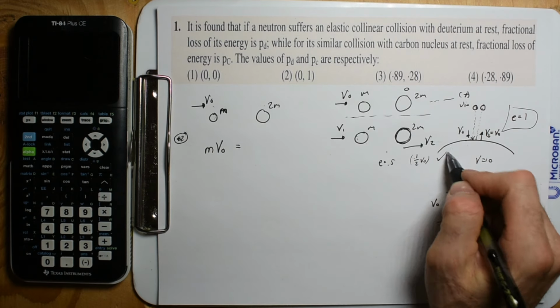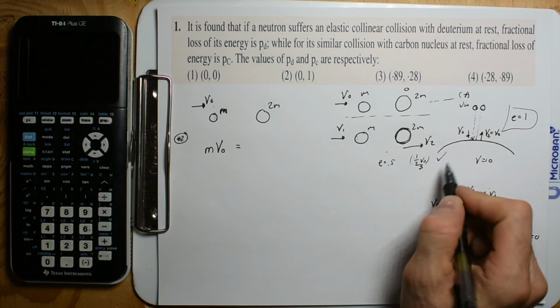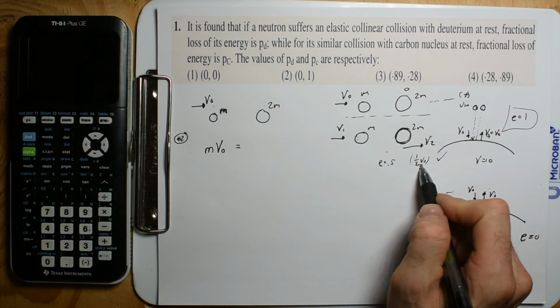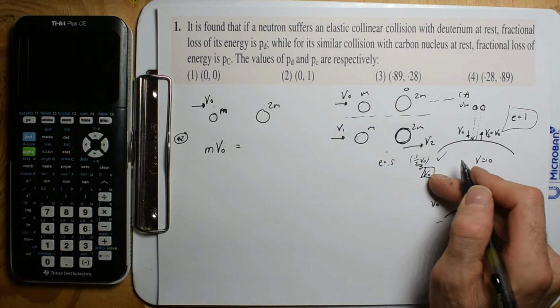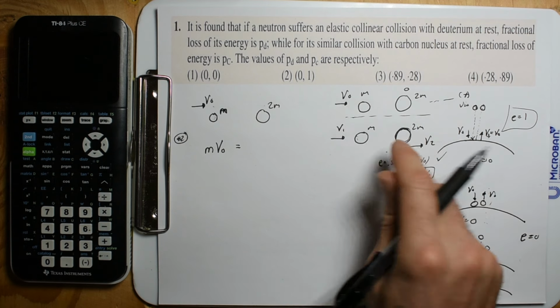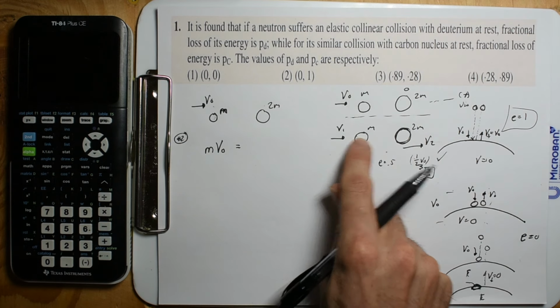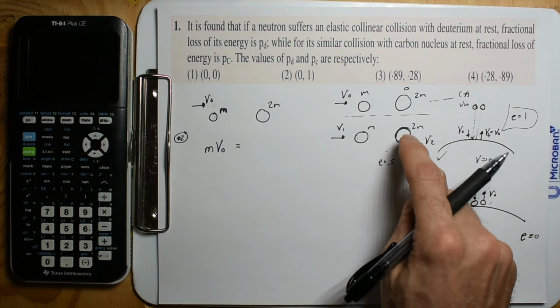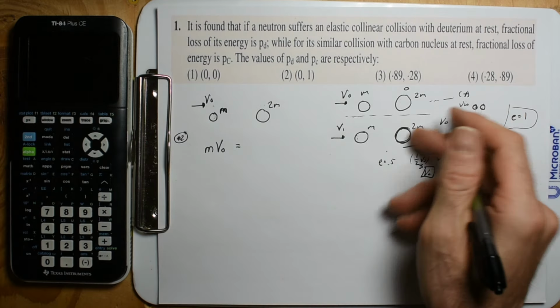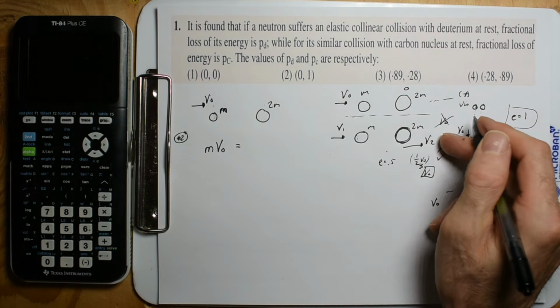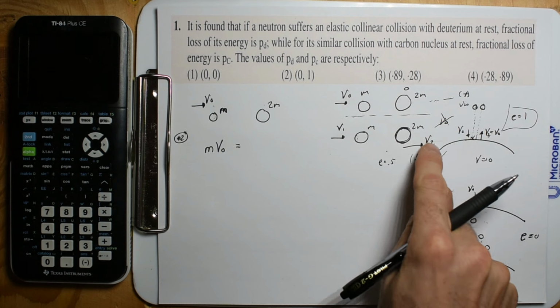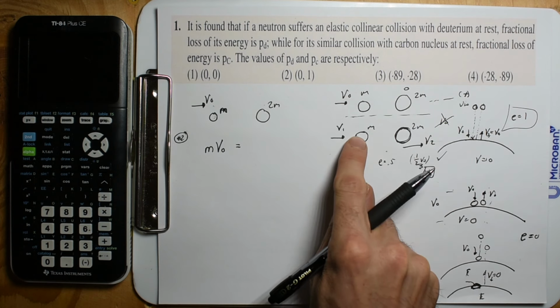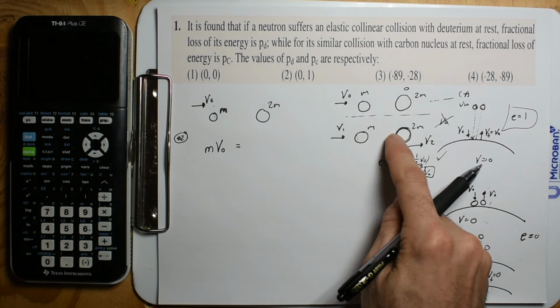This is a check on linear momentum, but we need the difference between the velocities after the collision to be v naught. We just did the scenario where this one hits and stops and this one has v naught, and it would have twice as much momentum. So that can't happen.